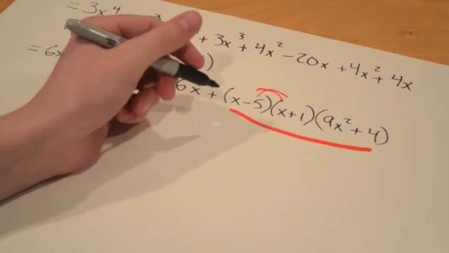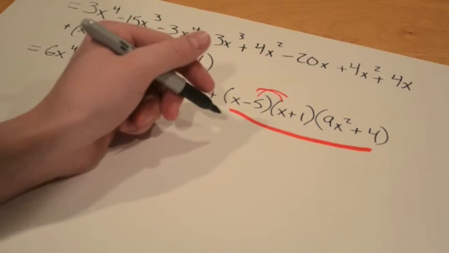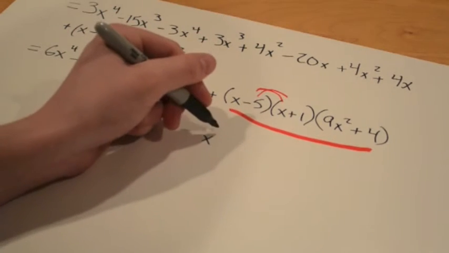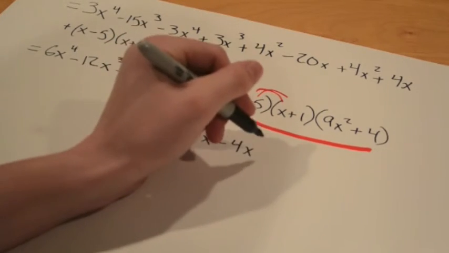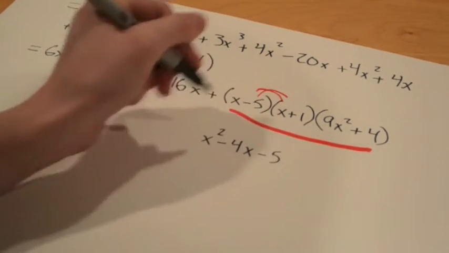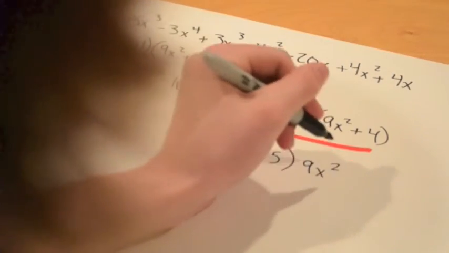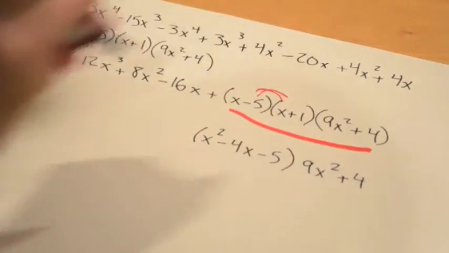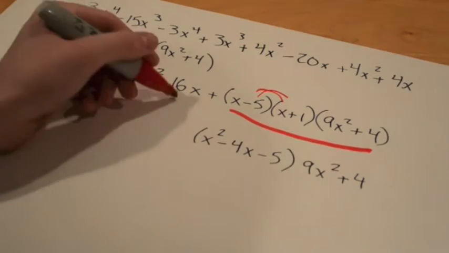and you're actually going to end up with x squared minus 4x minus 5. Okay? Then you're going to multiply that by 9x squared plus 4. Okay? Once again, with this stuff over here, just kind of ignore it.